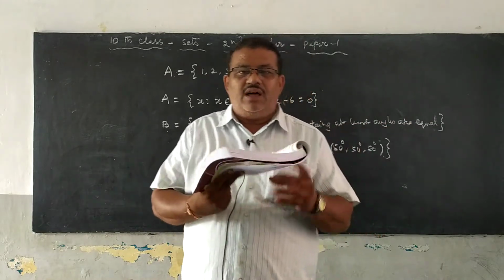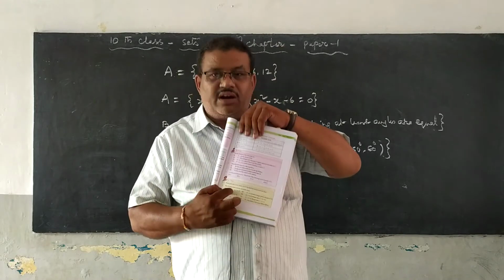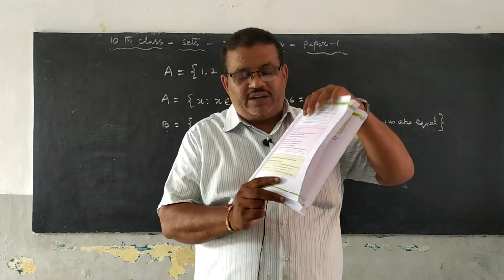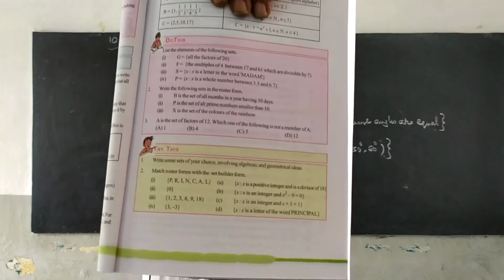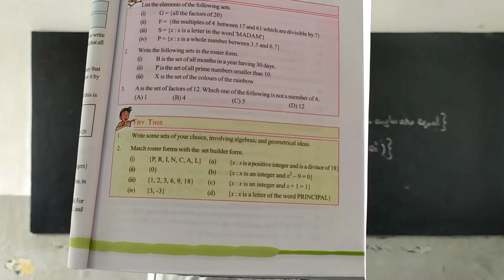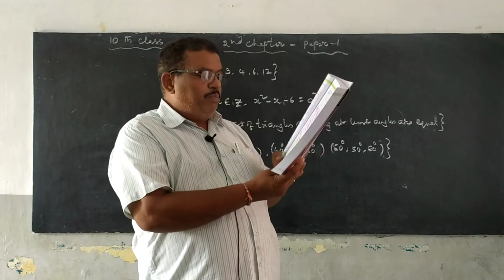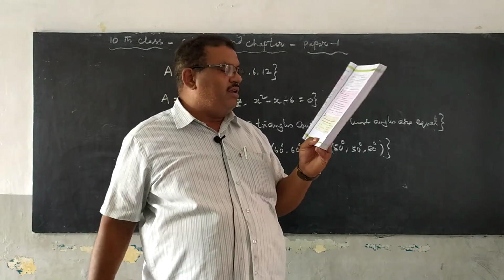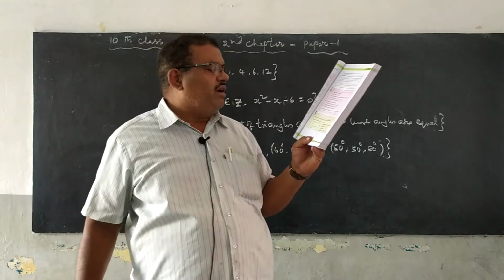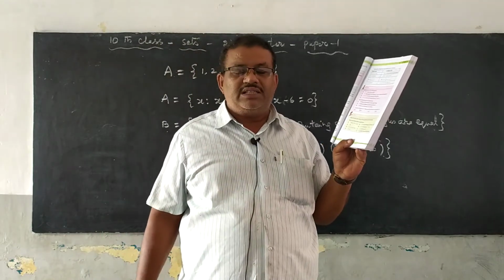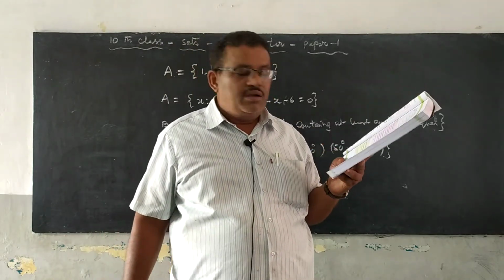So, when we see the left hand side and the right hand side, look at this properly. We have to match them. Principal, which is related to option D. x is a letter in the word principal.